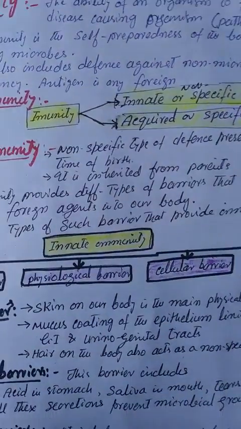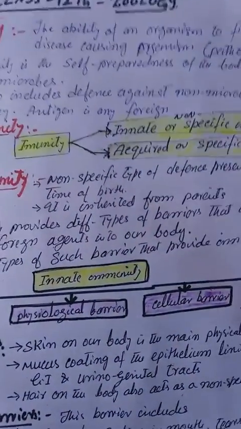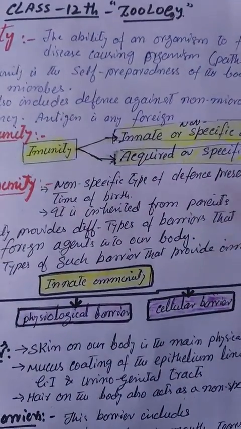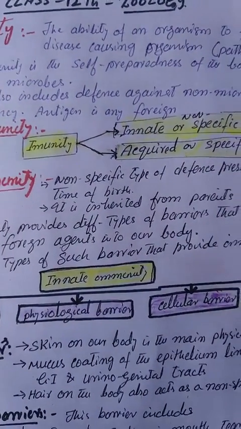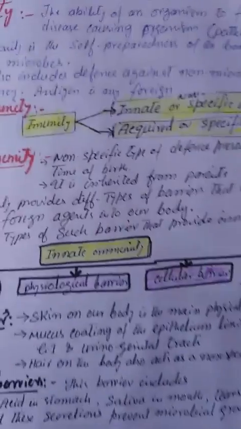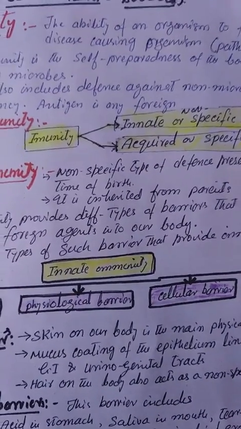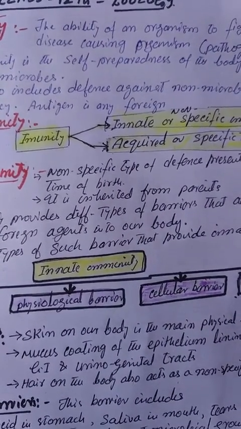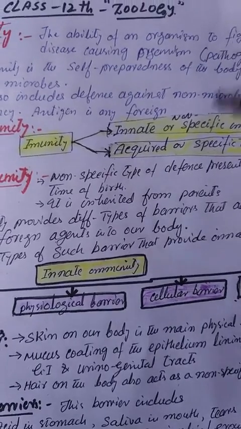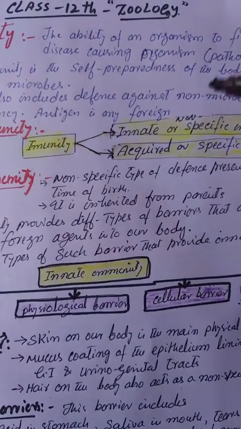Immunity also includes defense against non-microbial agents such as malignancy. Now, what are antigens? An antigen is basically any foreign particle. It may be a microbe or any non-microbial particle.